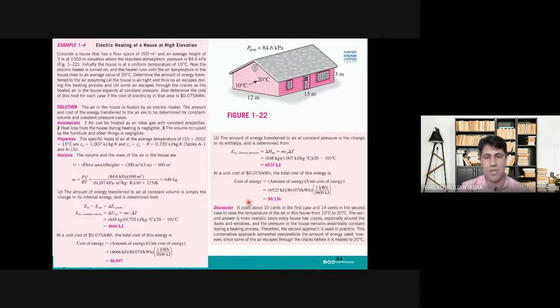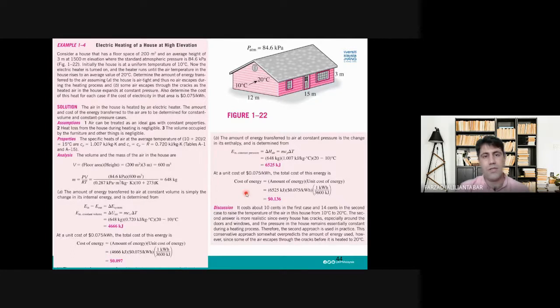And you can see here in this case the amount of the energy which is required to transfer to the air to increase the temperature of the air from 10 to 20 degrees Celsius is increased. This is due to including the leakage from the door and window parts.